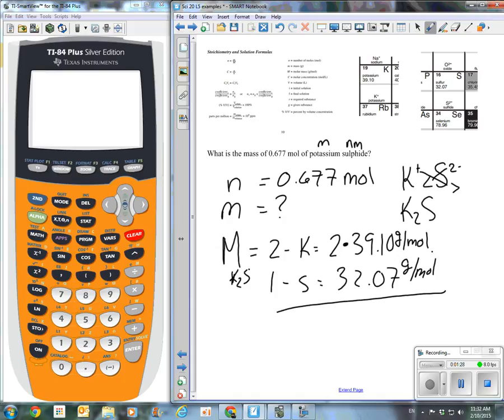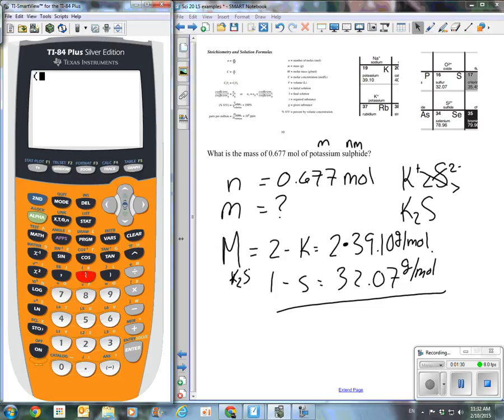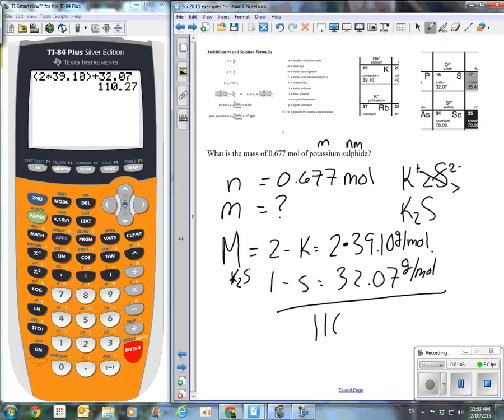When I put this in my calculator, I need to make sure that I'm multiplying the proper one, so 39.10, and I'm going to add that to 32.07. Here we go, and I get a molar mass of 110.27 grams for every mole of K2S, or potassium sulfide.